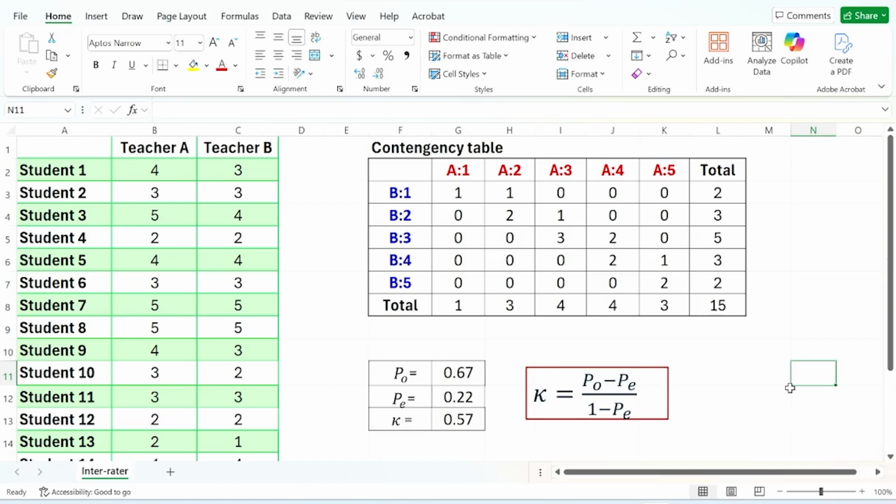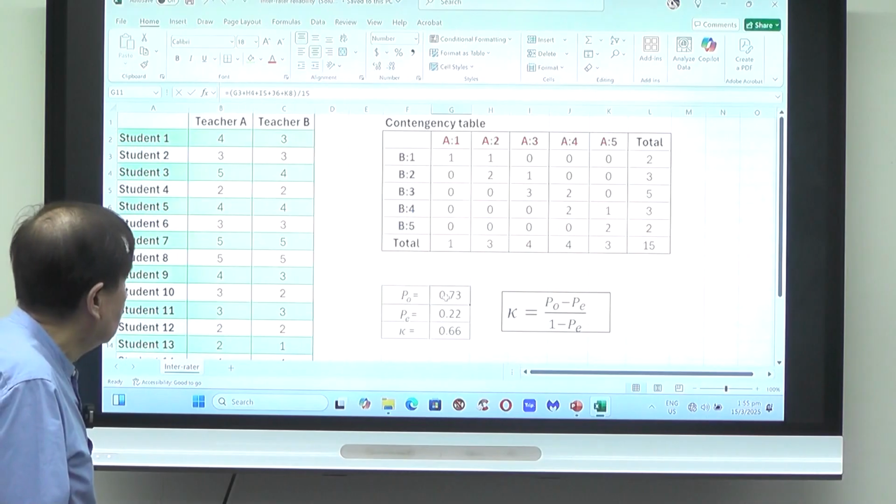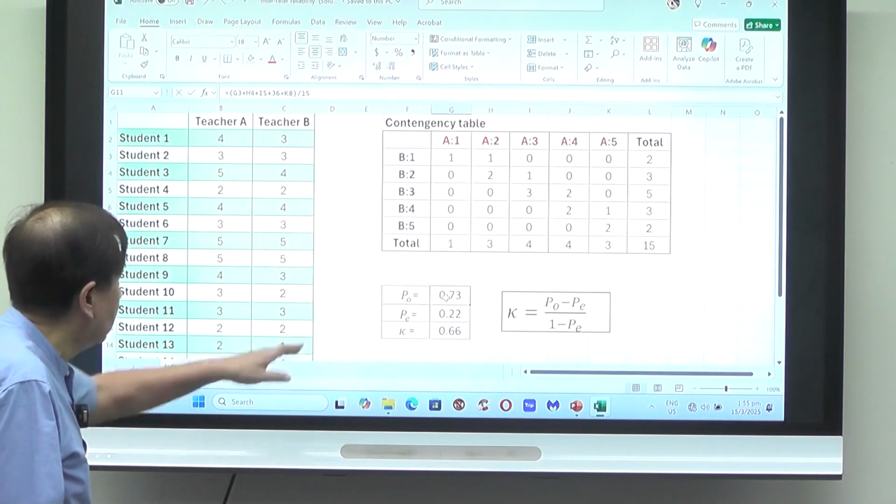Alright? Now, this one is a bit complicated because this one basically is the probability from the marginal products. I show you this one here again. That's how it looks. Quite long, this one.